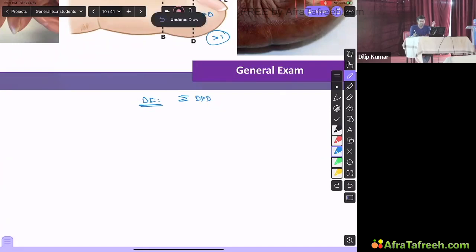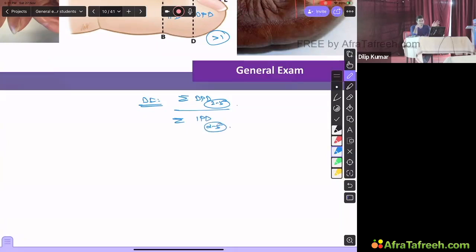All the fingers means except the thumb. So fingers 2 to 5, the first finger is the thumb, right? From fingers 2 to 5, you add all the distal phalangeal diameters divided by sigma interphalangeal diameters of fingers 2 to 5, which means you add all the interphalangeal diameters from fingers 2 to 5.